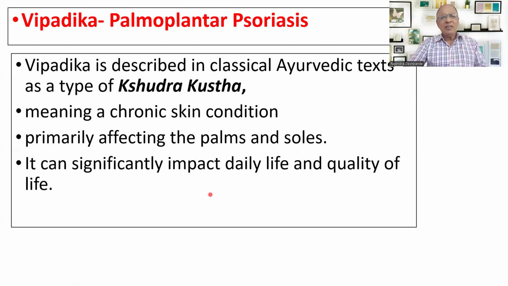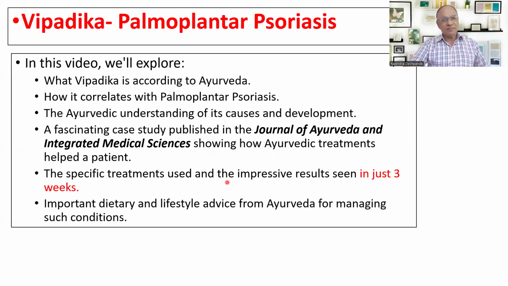Vipadika is described in the classical Ayurvedic text as a type of Kshudra Kushtha, meaning a chronic skin condition, primarily affecting the palm and the soles. It can significantly impact daily life and, of course, the quality of life.